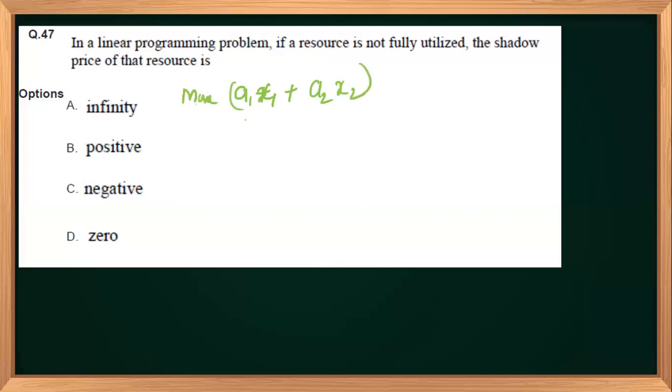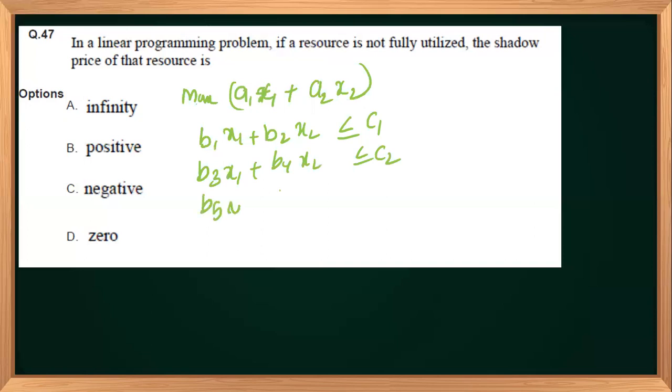Suppose B1 X1 plus B2 X2 less than or equal to some C1, B3 X1 plus B4 X2 less than or equal to some C2, and B5 X1 plus B6 X2 less than or equal to some C3. So this will be the common way of doing it.